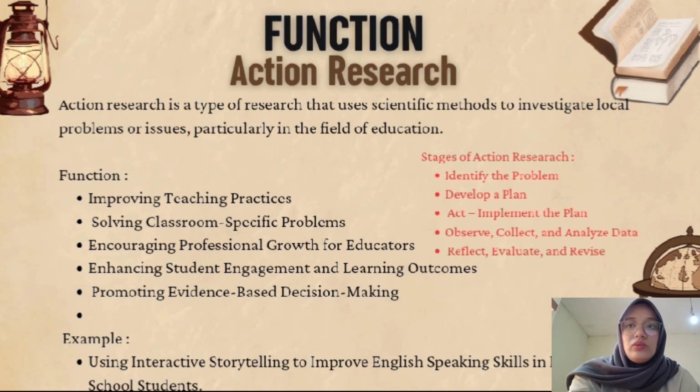So this is action research because it addresses a real classroom problem, that is students' lack of confidence in speaking English, and applies a systematic approach, that is interactive storytelling, to improve it. So the teacher implements the strategy, collects data on student progress, and evaluates its effectiveness. So if needed, the approach is revised for better results.